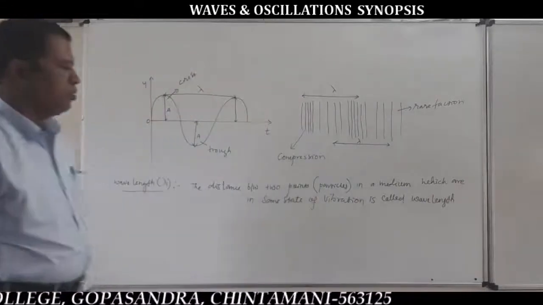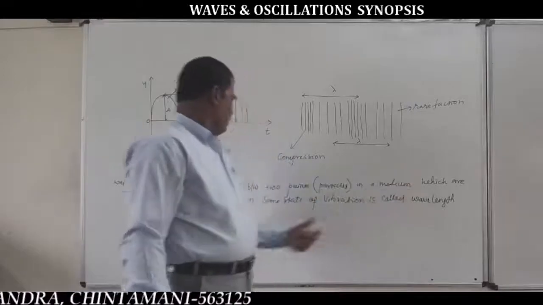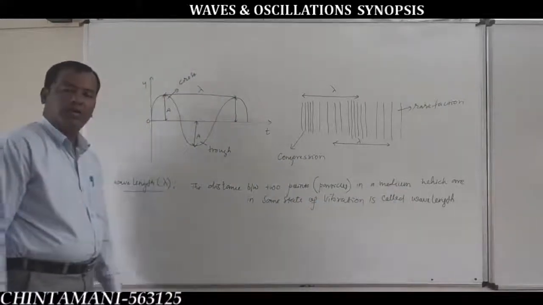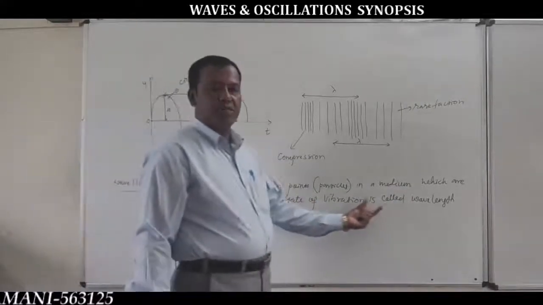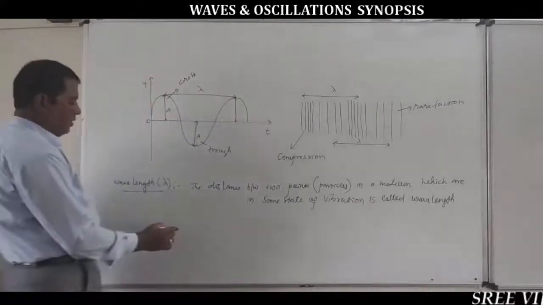The distance between two points or particles in a medium which are in the same phase, or which are in the same state of vibration, is called wavelength. It can also be defined in another way.